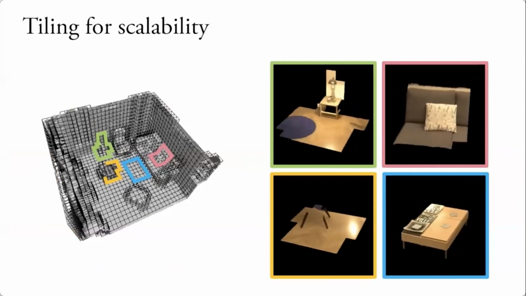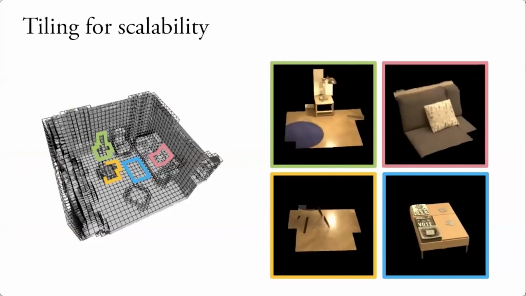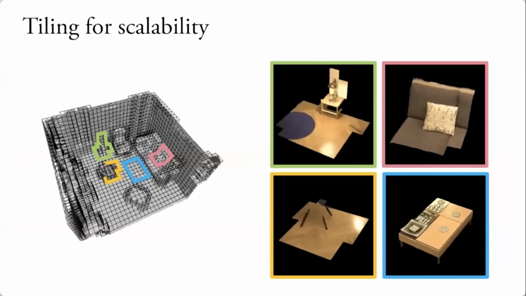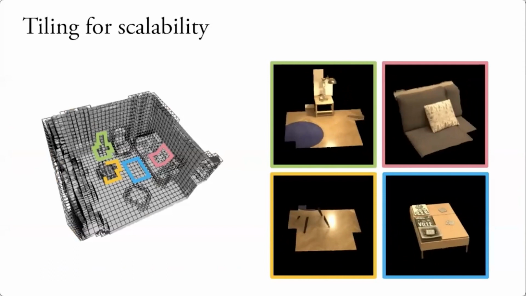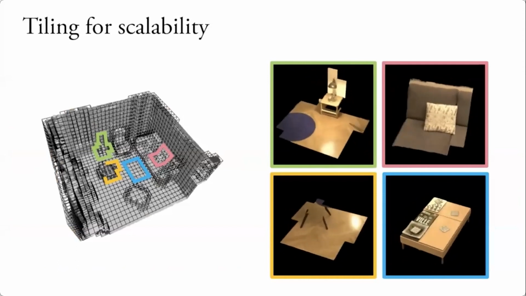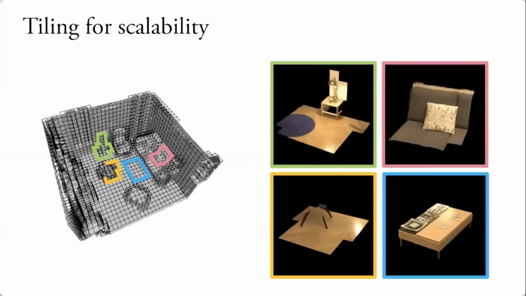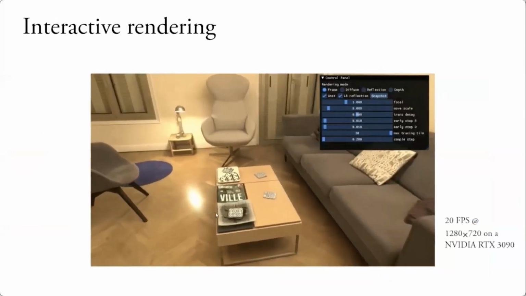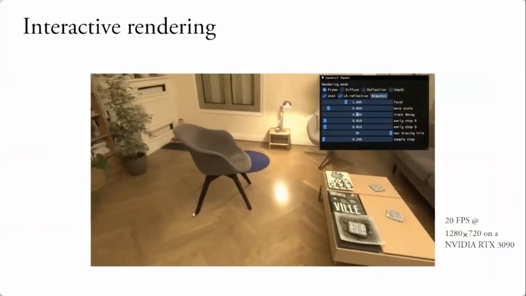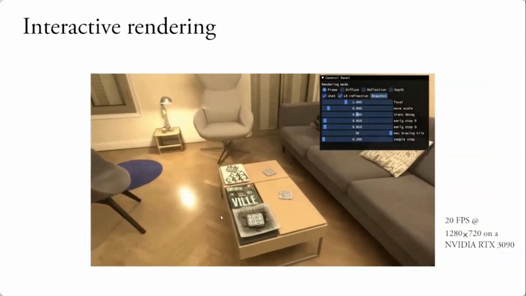And with this, we can parallelize the computation to make it easier to compute large-scale scenes at high quality. And we also use this to accelerate rendering itself. Here's an interactive rendering session at 20 frames per second, being rendered on a workstation.